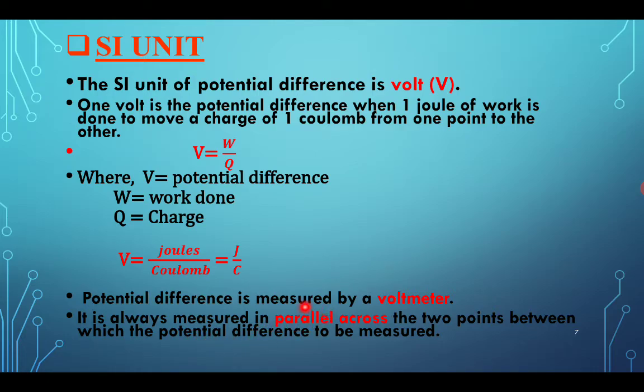The resistance of this voltmeter should be very high so that it does not allow much current to flow through it. It should be infinitely high so that the least amount of current flows through it, and it is always connected in parallel across the two ends of the conductor, so that we can measure the accurate potential difference across the two terminals of a given conductor.